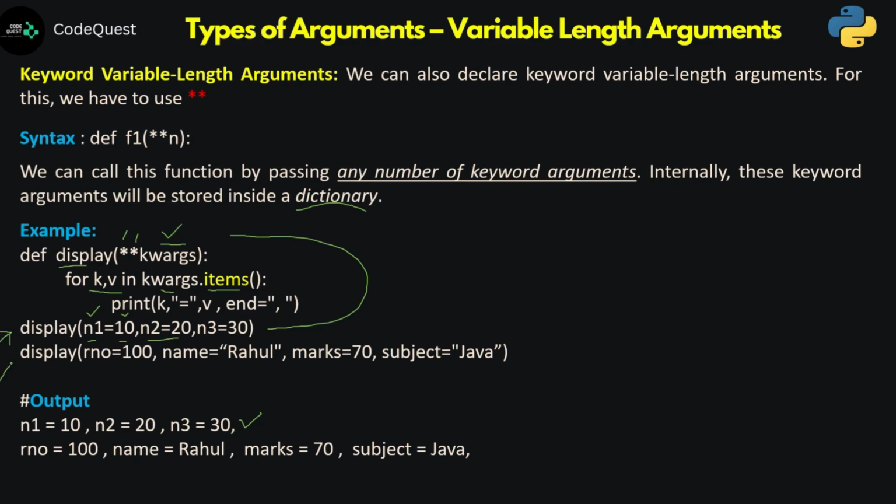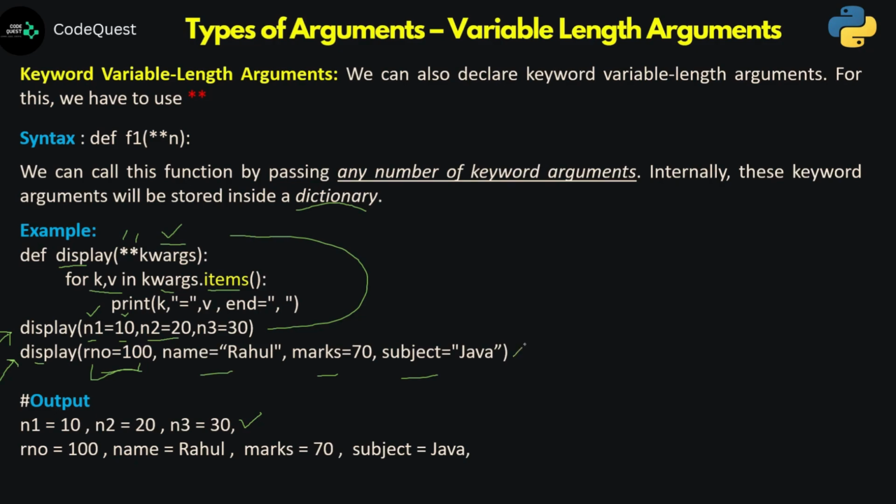Very similarly, for the second call that we have made to display, this time we have sent 4 items here, and once again this is going to be the key and this will be the corresponding value. Like name is the key, Rahul is the value, marks is the key and 70 is the corresponding value, and subject is the key and Java is the corresponding value.